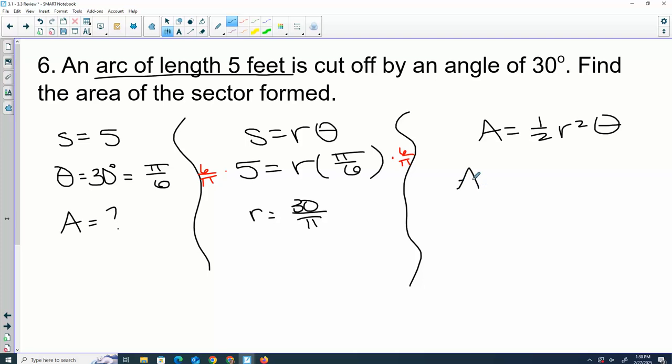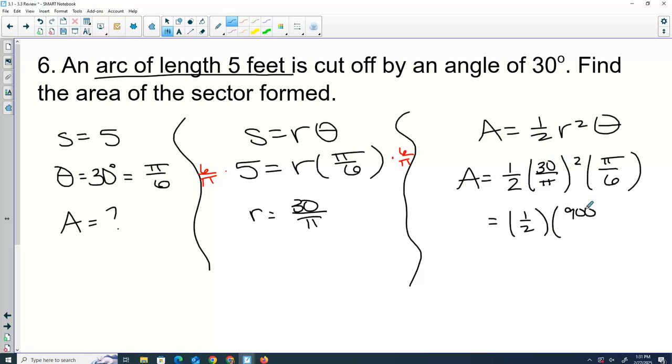Now we have r and we have theta, so we can do our formula. A equals 1/2 times 30 over pi squared times pi over 6. This one does work out a little bit different than you're used to. You're multiplying that. 30 squared is 900 over pi squared times pi over 6.